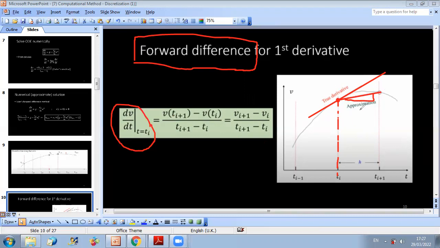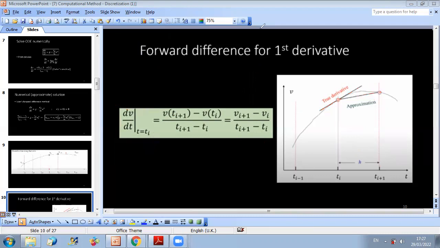And if you look at this figure, it seems that it's not very accurate here. You know why? Because you have a large delta t. And you can see already from the graph that if you take delta t small enough, so let's say now we take delta t much smaller. So let's say you have ti plus 1 corresponding to this point. So this is ti plus 1.